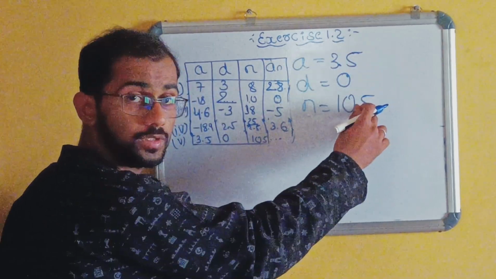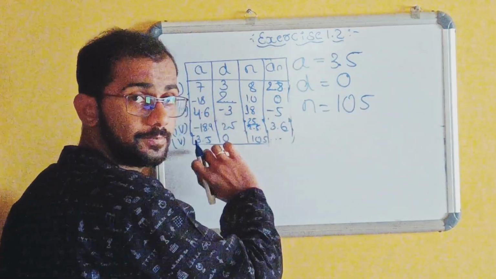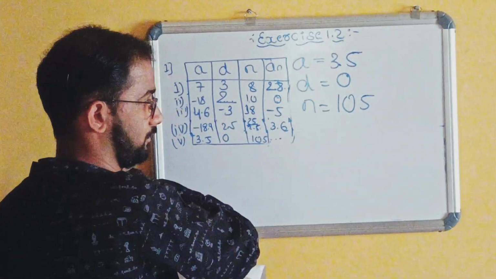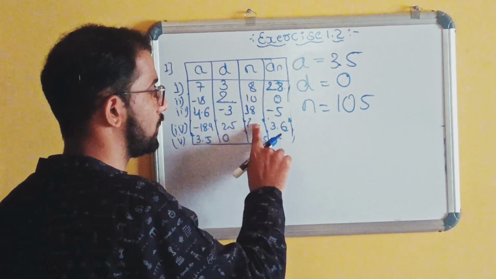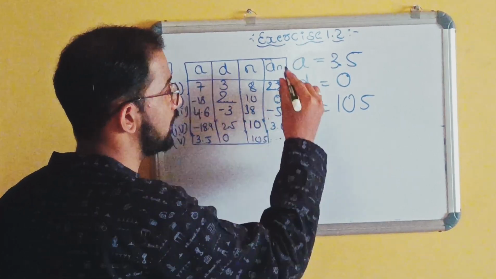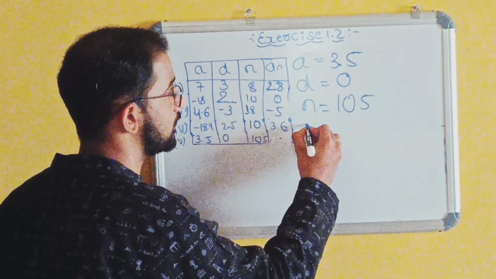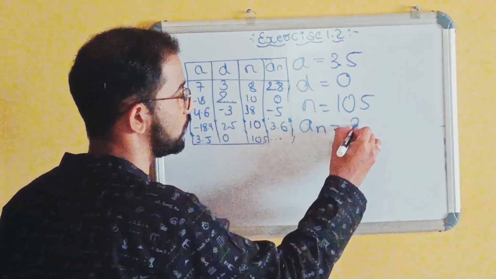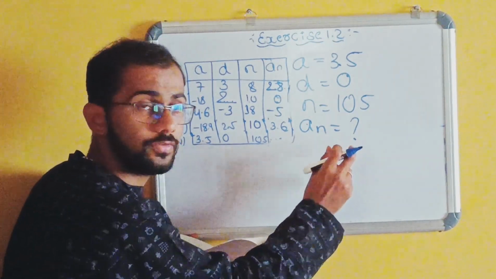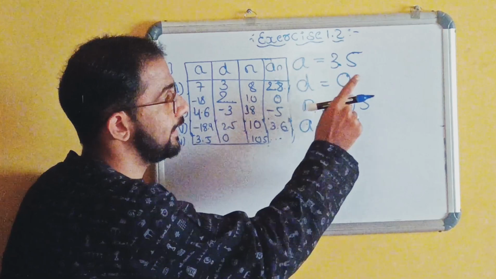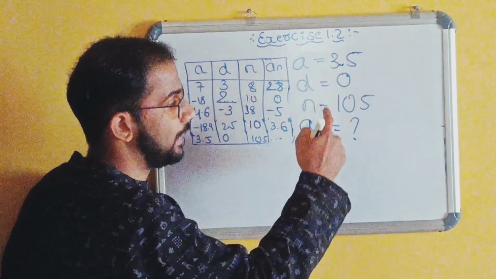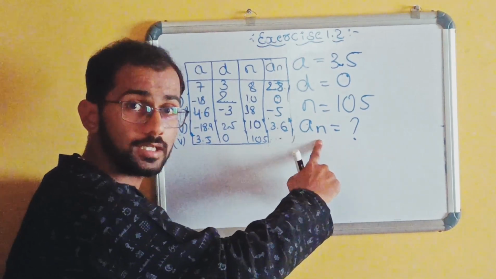There are 105 terms present, and we need to calculate the value of AN. A is known, D is known, N is known. Using these three pieces of information, we need to calculate the value of AN, the Nth term.